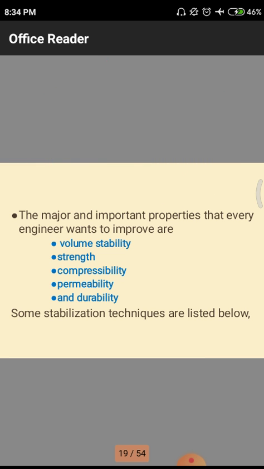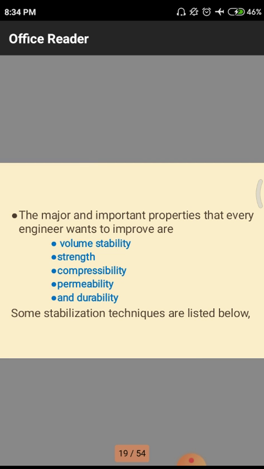The second thing is the strength parameters. Strength parameters depend majorly on particle bonding and the chemical content of the particles, and on parameters influencing the soil and the site itself. Next is compressibility. Compressibility is affected by the content of voids.